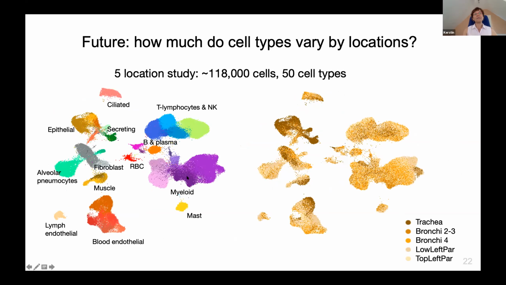And I think there are some interesting indications. For example, here in the myeloid compartment, you can see that they are really not evenly distributed by location, and there are distinct areas for the trachea, for the parenchyma, and for the bronchi. So we're now digging into this data deeper and really trying to understand how cell types vary with location.